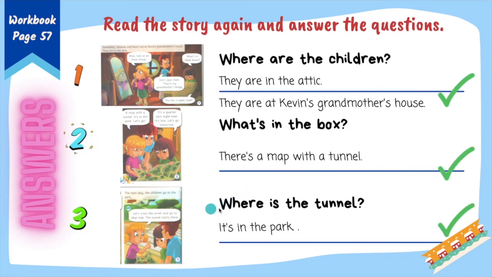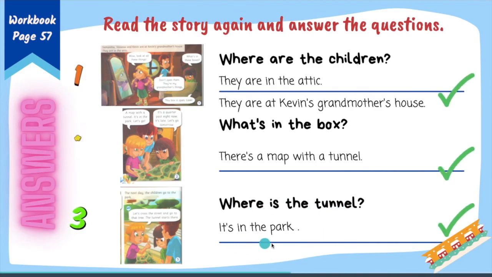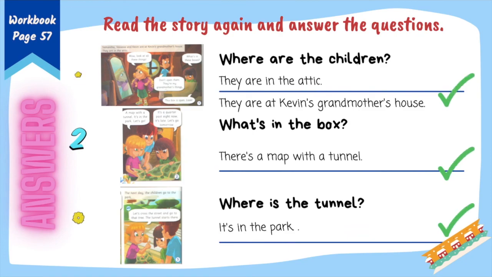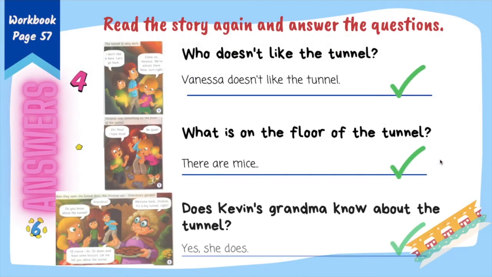Number 3. Where is the tunnel? It's in the park. You can pause this minute and look at the answers and compare them with yours. Next, question number 4. The question is, who doesn't like the tunnel?